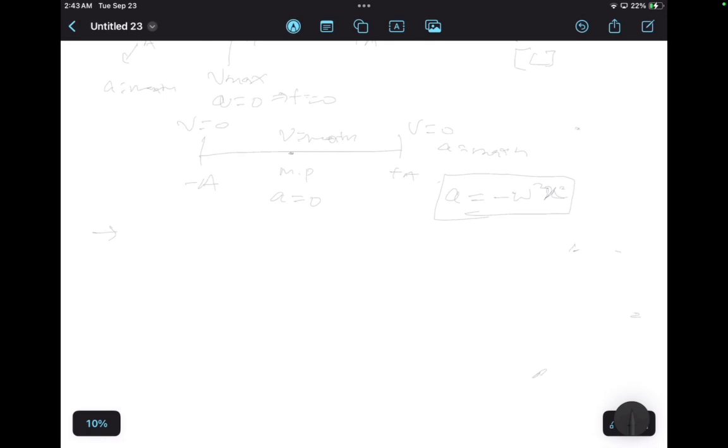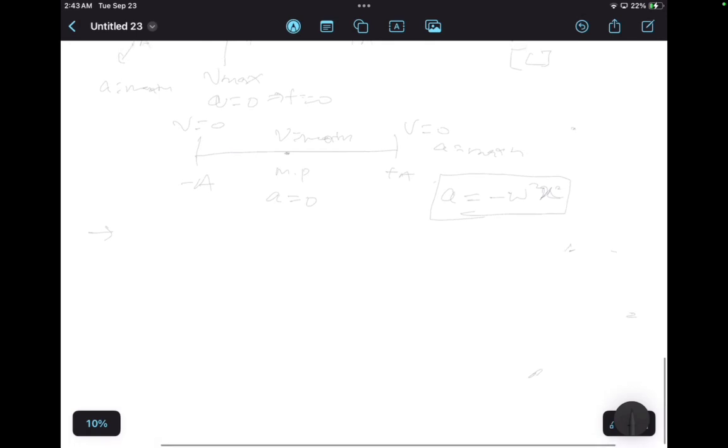So at first I'm going to derive the basic equations. We conclude that the net force must be equal to mass times acceleration, and we got that this acceleration is nothing but minus omega square x. We know the acceleration in terms of time is d2x upon dt square, which is minus omega square x.